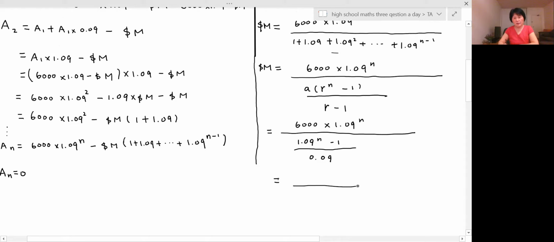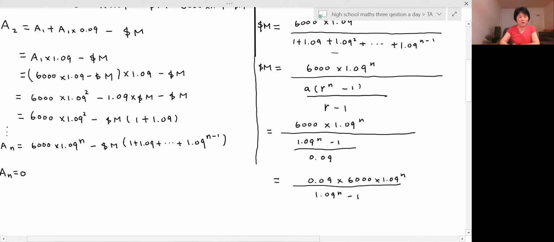Then it will be equal to 0.09 times 6,000 times 1.09 to the power n, and the bottom is 1.09 to the power n minus 1.